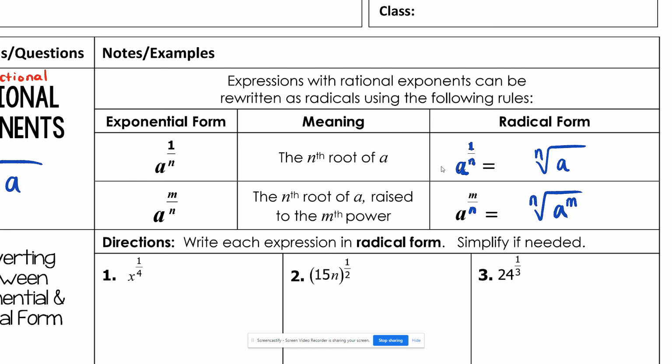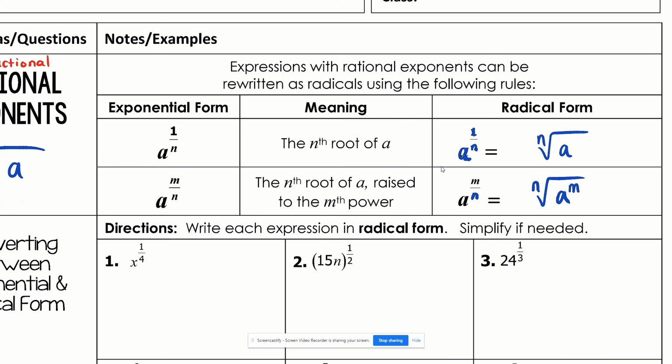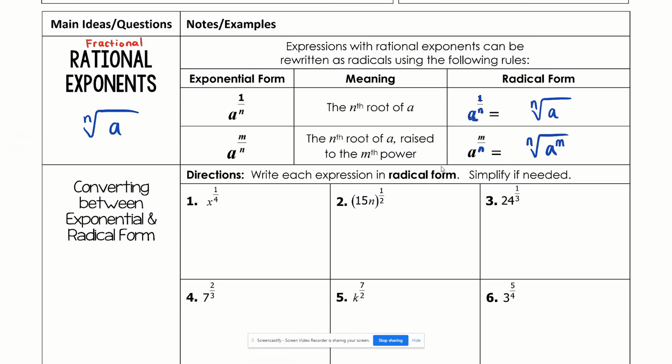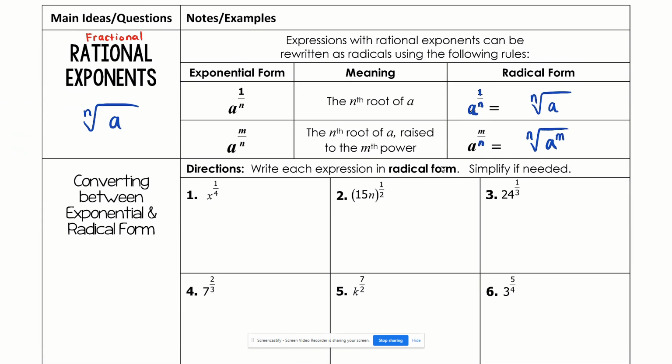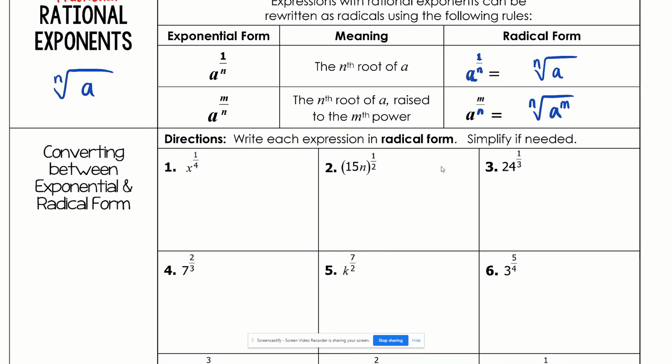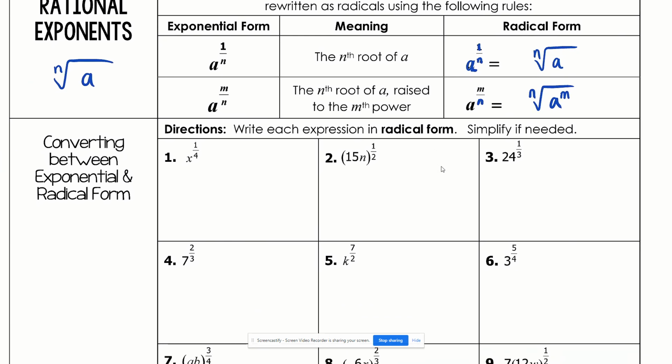So the nth root of a to the m power is another way of writing a to the m over n power. So that's what we're doing. We are going in both directions. We're going to convert between exponential and radical form, and then we're going to turn right back around and go from radical to exponent.